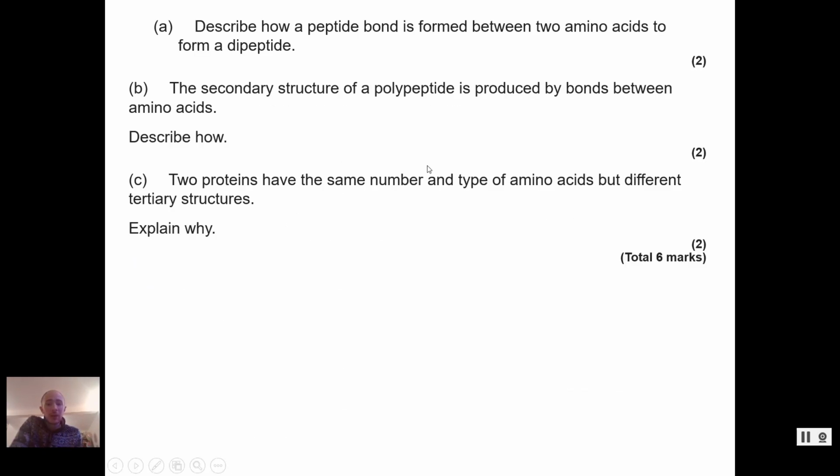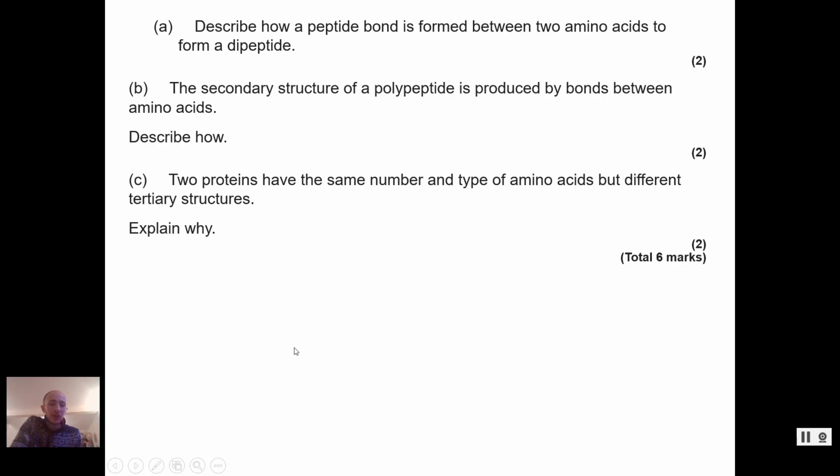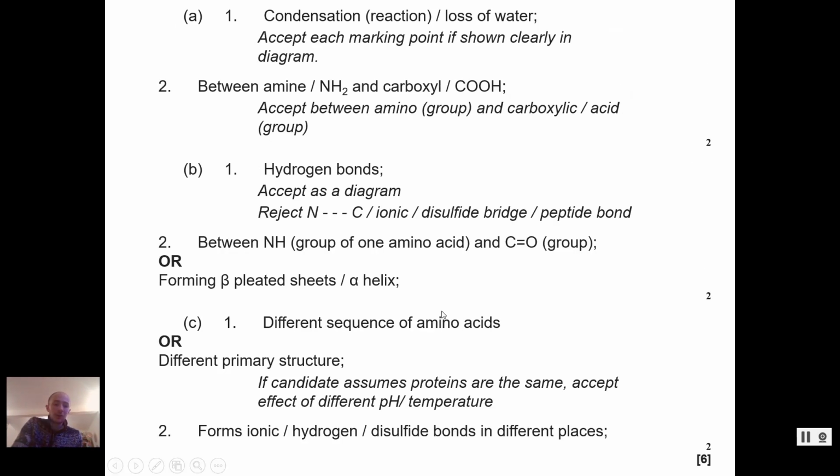2 proteins have the same number and type of amino acids but different tertiary structures. Explain why. Well, if they've got the same number and type of amino acids, we should know that the primary structure is the order, number, and type. So the thing that's left there is the order or the sequence. So you could say they've got a different order of amino acids, different sequence of amino acids, forming ionic, hydrogen, disulfide bonds in different places.